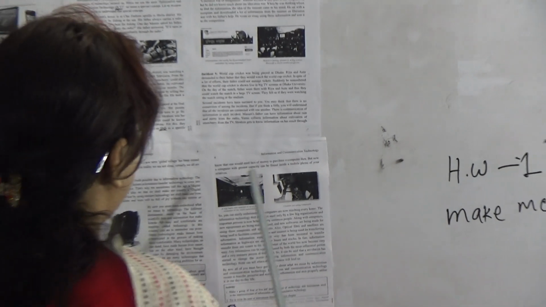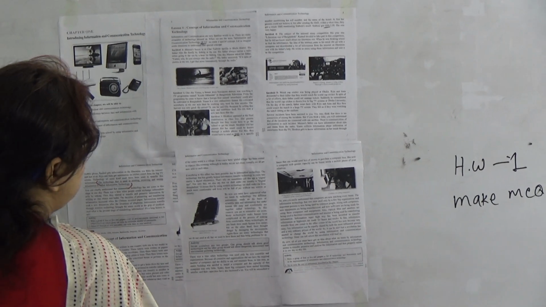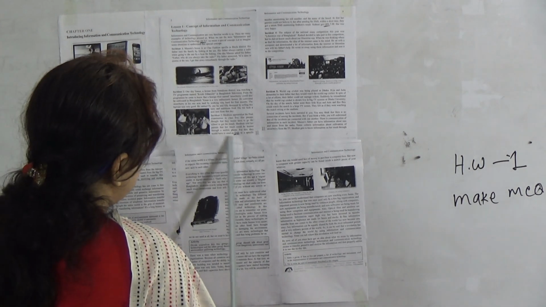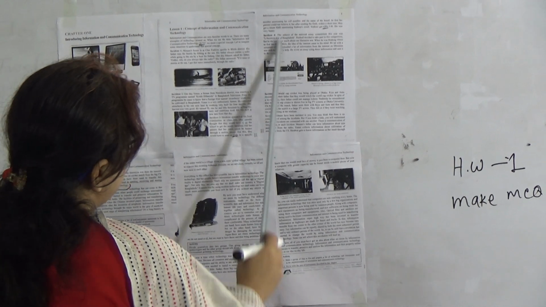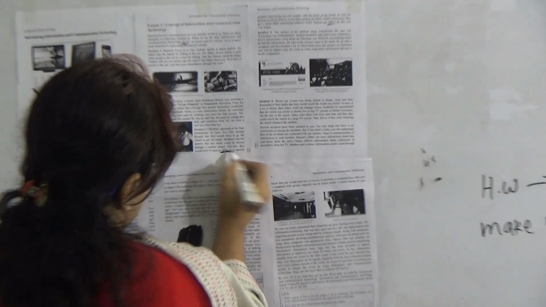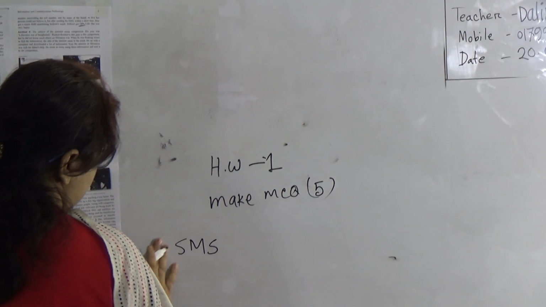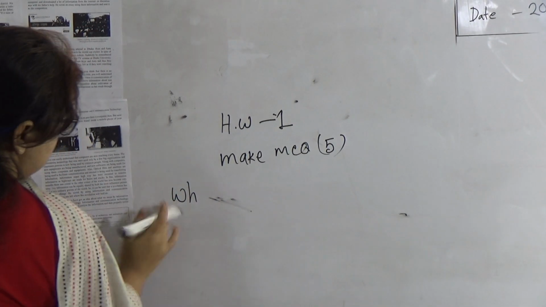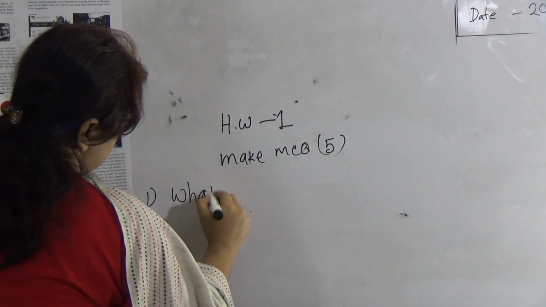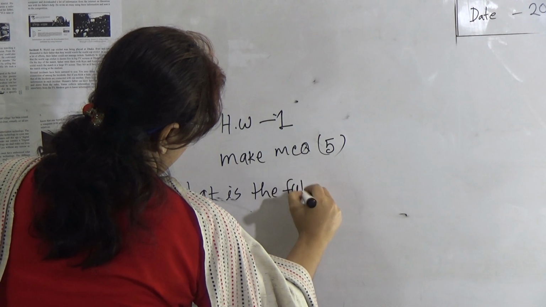Now I am showing one MCQ for your better understanding. For this they would have to send an SMS to a specific number, and you may not know the SMS form. SMS is a short form. What is the full form of SMS? It's a simple question for you.